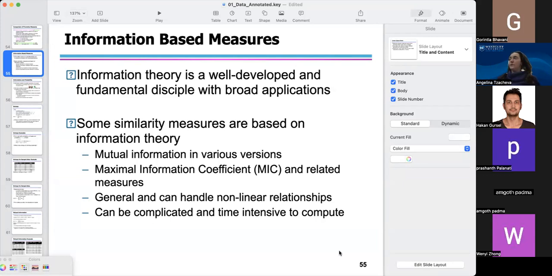So we have looked at several measures, including Euclidean distance, Manhattan city block distance, cosine similarity, and Jaccard coefficients for binary objects. So now we will look at some information-based measures and also density, which means we're just going to find dense regions on our plot.